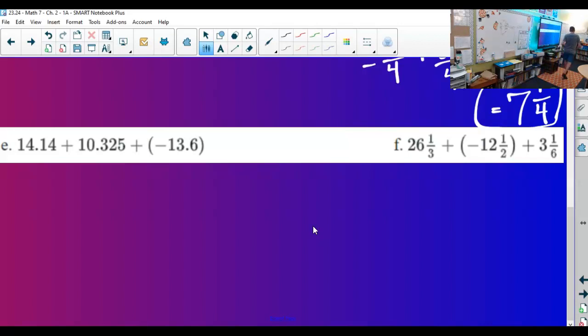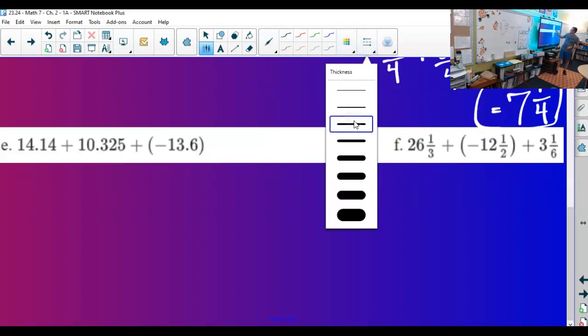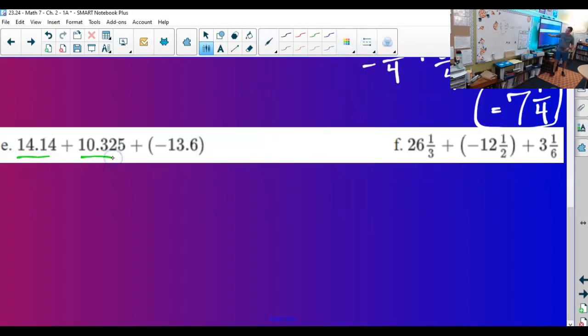Eli, what would you tell someone to do first in part E? Yeah, team up, our good guys, right? It's a great car show every summer. Good guys car. So 14 and 10 is 24, and I think my decimals are small enough I'm safe to go ahead and write the 24. Guys, if you need practice adding decimals, this 14 is really going to turn into like 140, right?